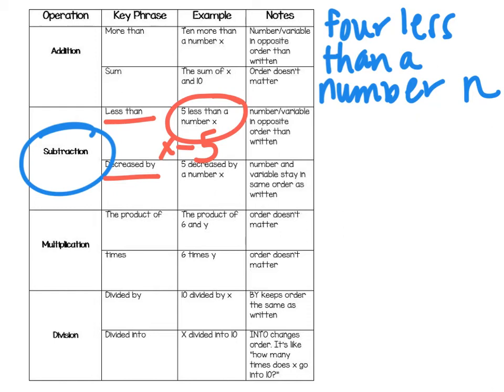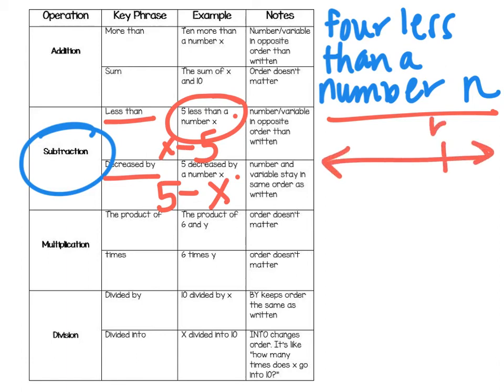Or they could say 5 decreased by a number x. So "less than" switches the order of the number and the variable in the word sentence, and "decreased by" leaves them the same. Until you get used to that, keeping this chart around will be helpful. Let's look over here. 4 less than a number n. Think about a number line again.